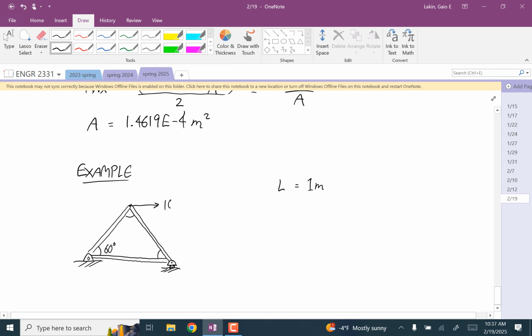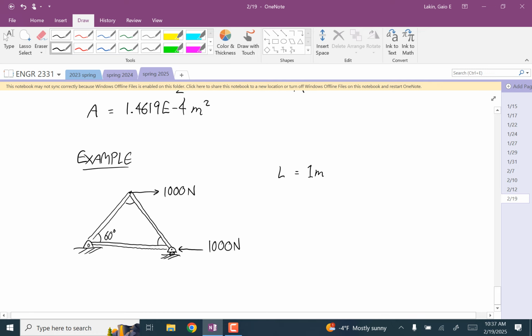Let's just have a sideways force like this. Well, let's do another one too. Let's have this one going 1,000. And let's say that the cross-sectional area for all of these is 0.001 meters squared. And we want to calculate the maximum shear stress for each member.